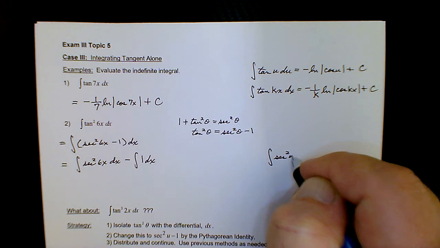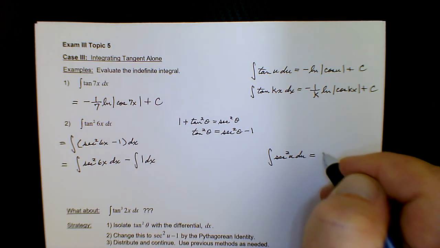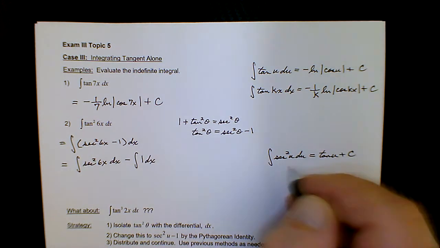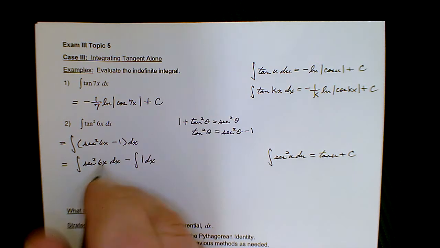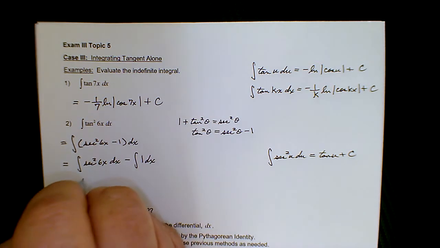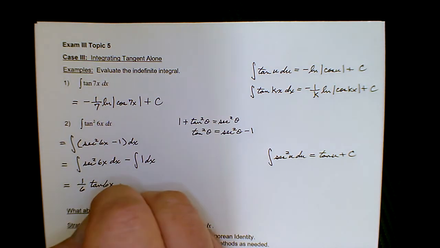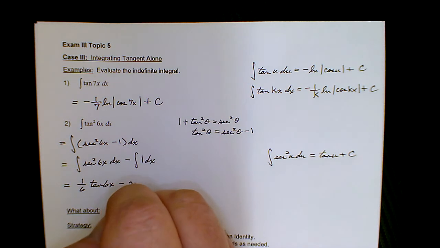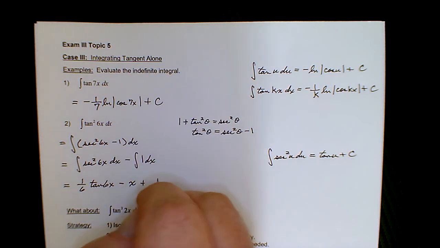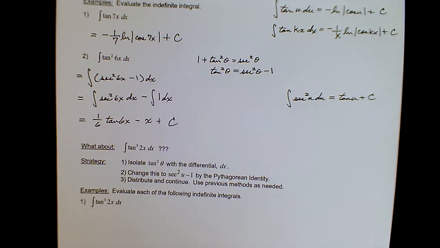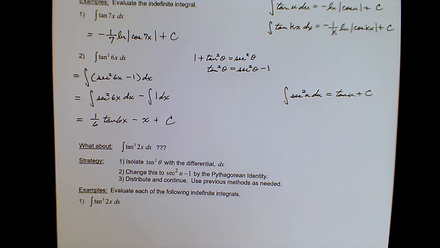The integral of secant squared of u is the tangent of u, because the derivative of tangent is secant squared, and we use the linear argument rule on that as well. So we get 1/6 tangent of 6x, minus integrating 1 with respect to x, we get x, plus a constant.